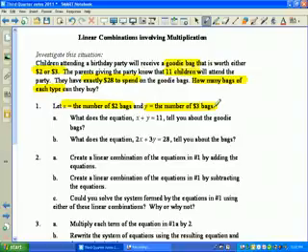So it says, what does the equation X plus Y equals 11 tell you about the goodie bags? So if X is representing my $2 bags, Y is representing my $3 bags, the 11 is representing the children.